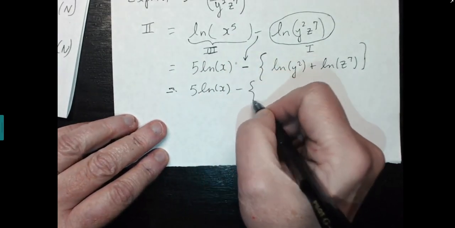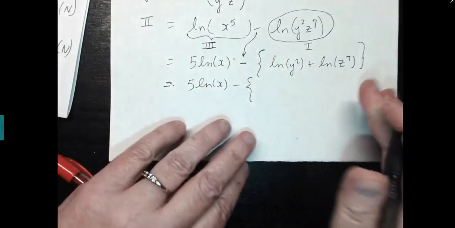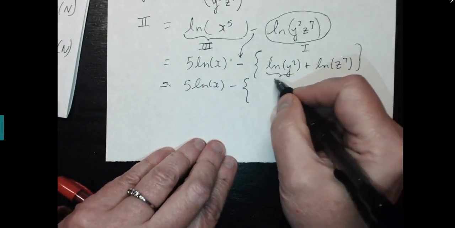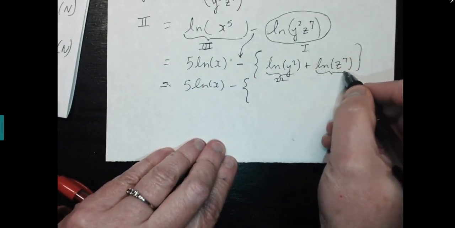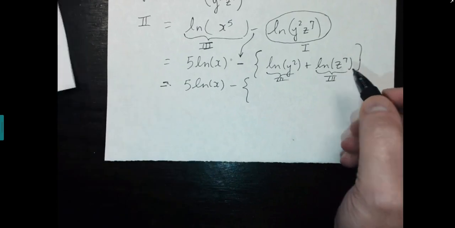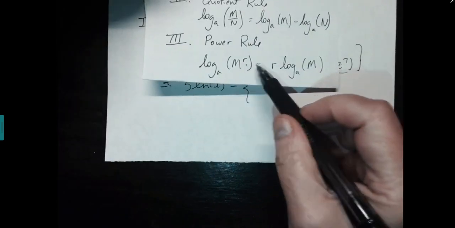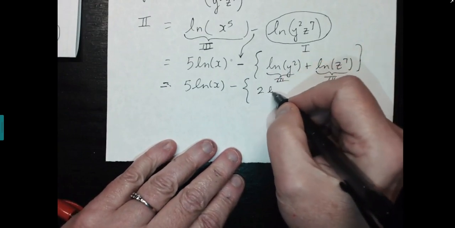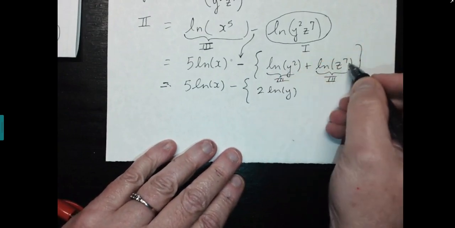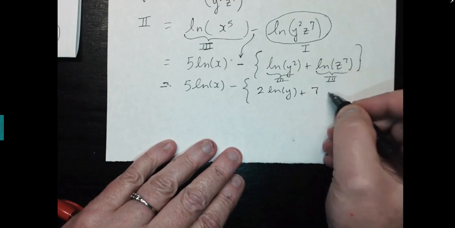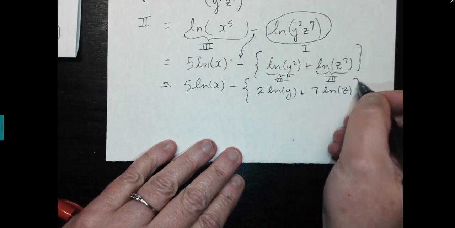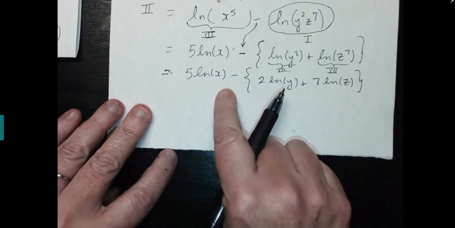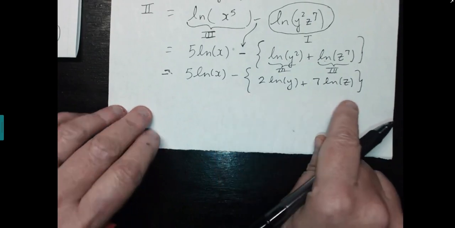I'm not going to do it just yet. If you want to go ahead, that's all right, but I can use rule number 3 on this one and on that one, because now we've got single things raised to a power. So the 2 will come out in front of this one, and the 7 will come out in front of this one. The last thing I have to do is distribute the negative sign all the way through.